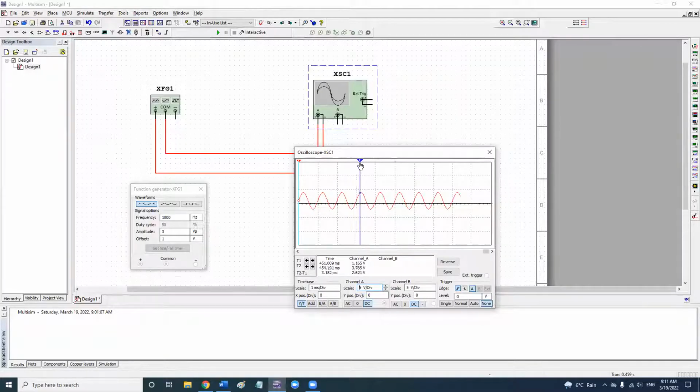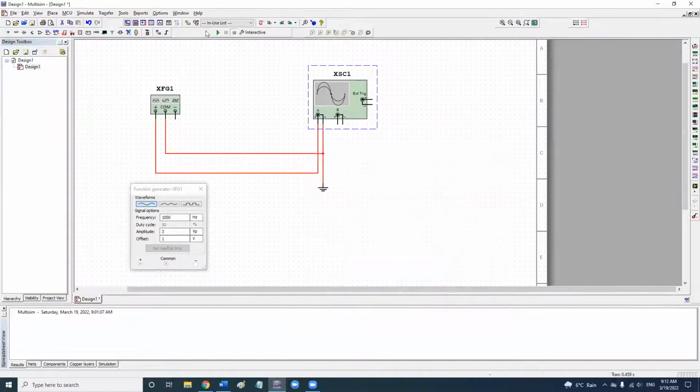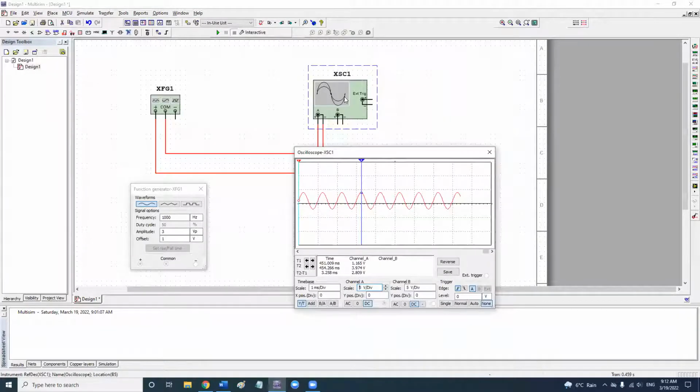Okay, so you see here, minus 1.9, and the top one should be somewhere around 4, yeah, that's it. I usually recommend using the COM because it means the common ground, but if you're using negative, there is no difference. Your TA would understand it totally.